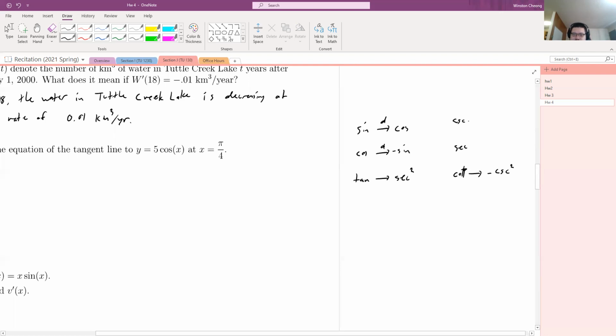Secant has the derivative secant tangent, and I have to be a bit more careful here: it's secant x tangent x, because it's a product of two functions. And cosecant is going to be negative cosecant x cotangent x.